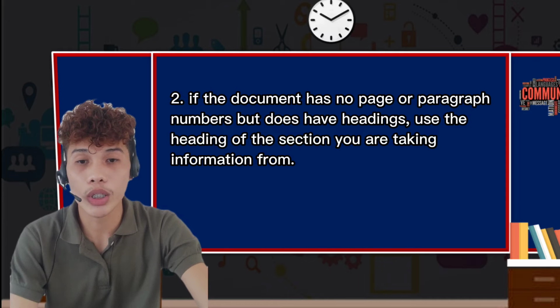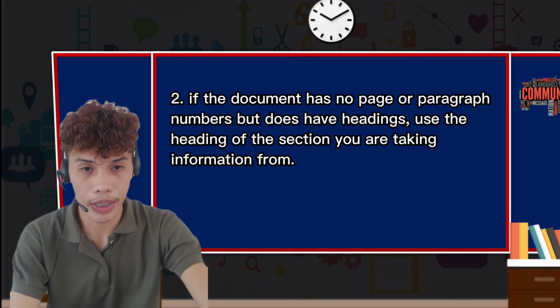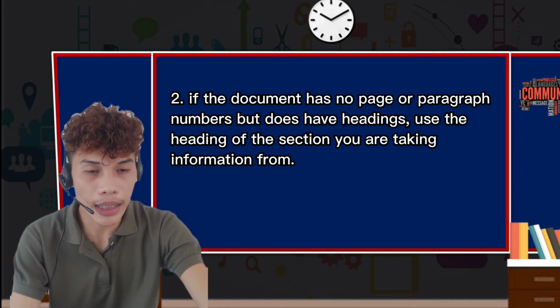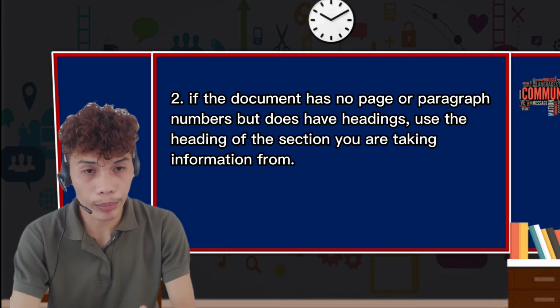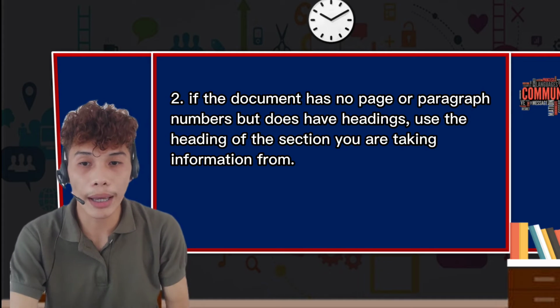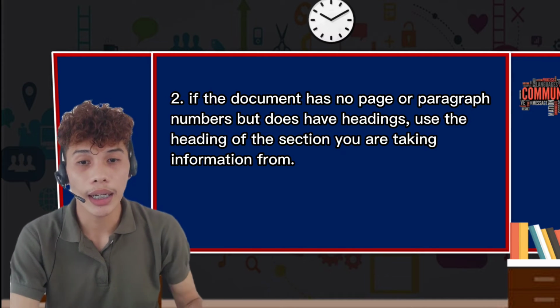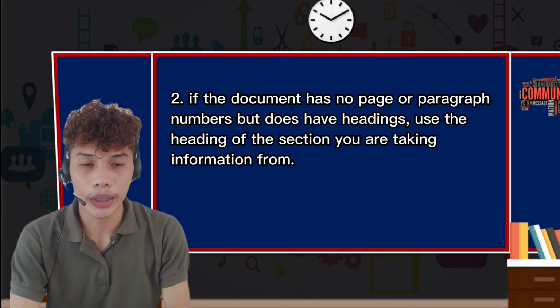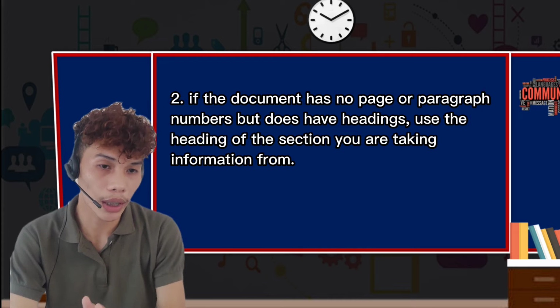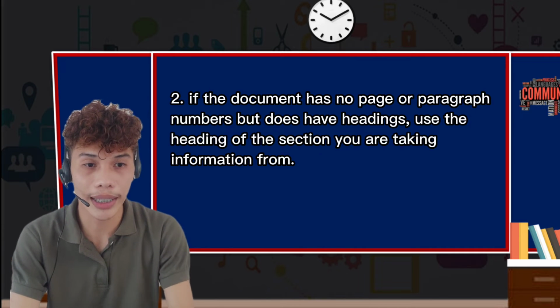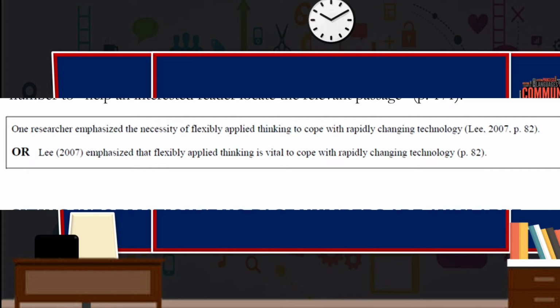But if the document has no page or paragraph numbers but does have headings, then you have to use the headings of the section you are taking information from, and then give the number of the paragraph under that heading that contains the information you are incorporating in your essay. So we have here an example. This example includes the complete heading, fostering health security.